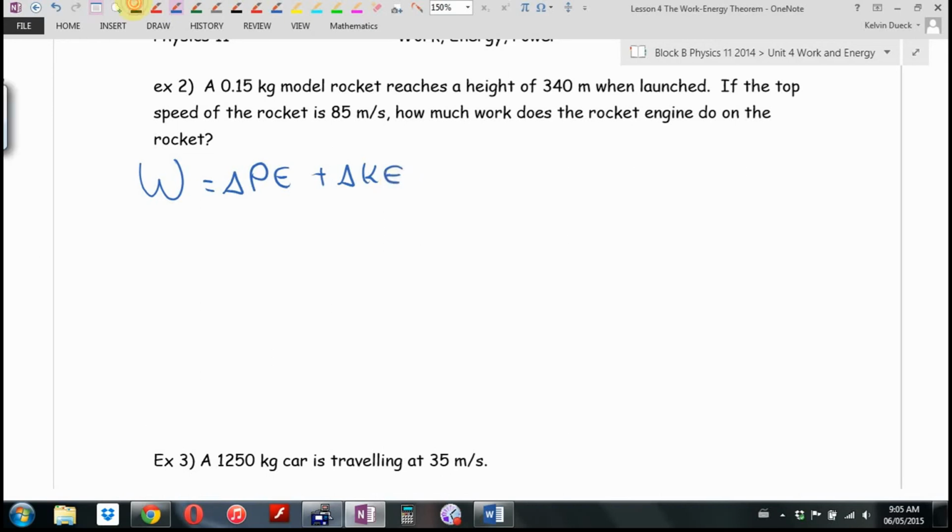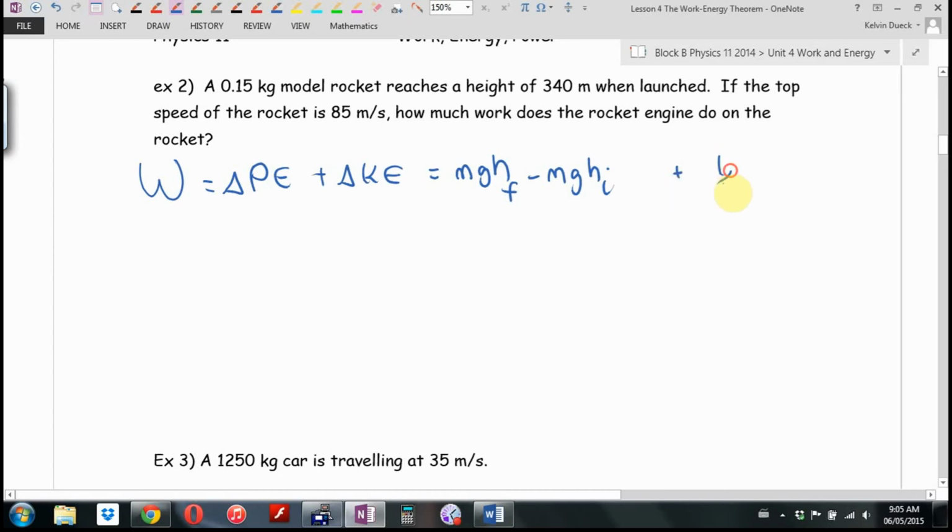Okay, so this is going to be mgh final minus mgh initial. There's my change in potential. We'll leave a bit of a space just to make it stand out. Plus a half mv final squared minus a half mv initial squared.